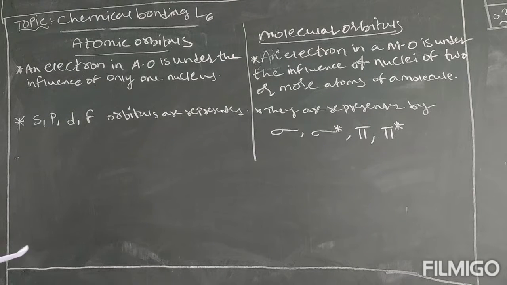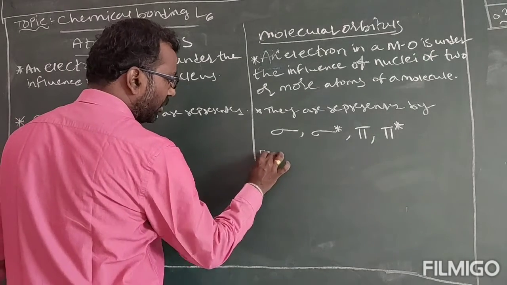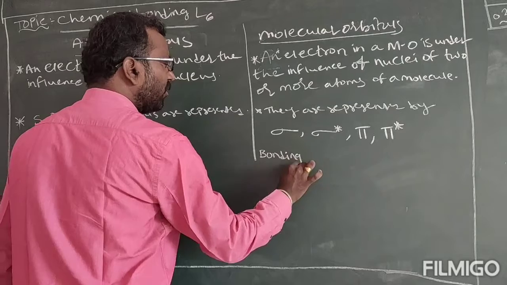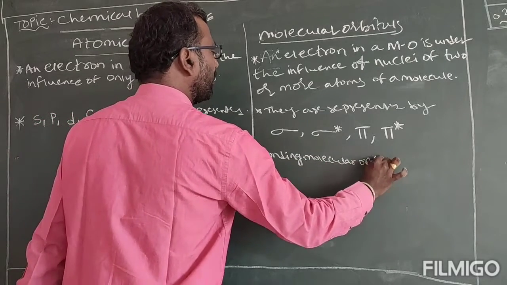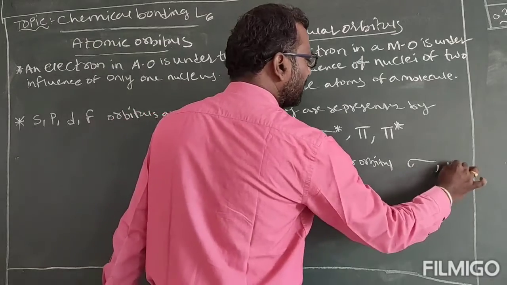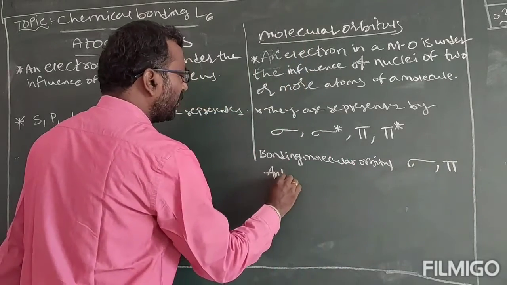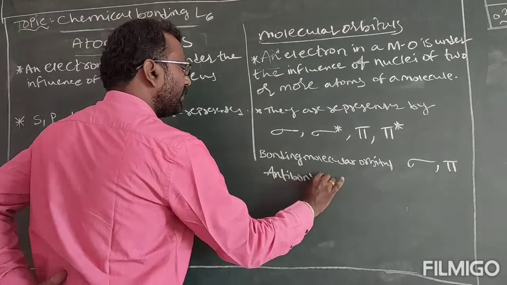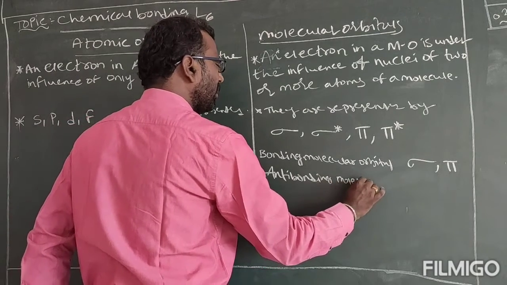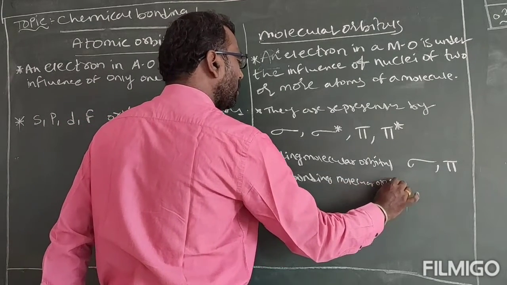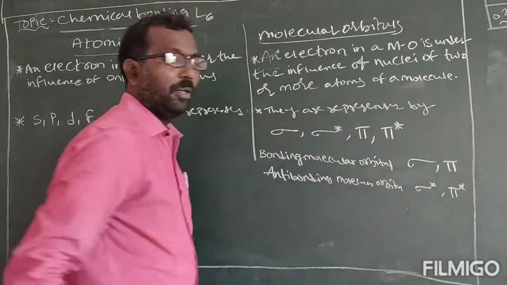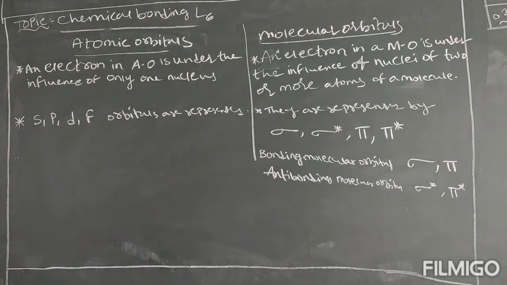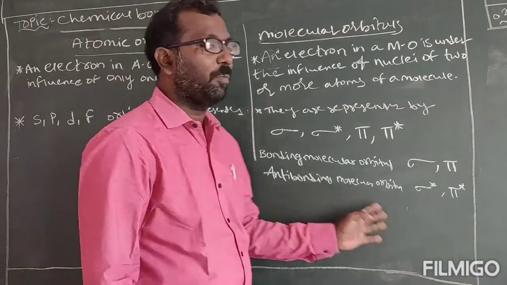That means bonding molecular orbitals and anti-bonding molecular orbitals will be there. We will have a clear discussion on what is anti-bonding and what is bonding.